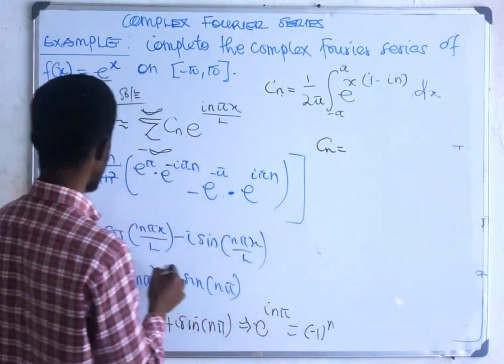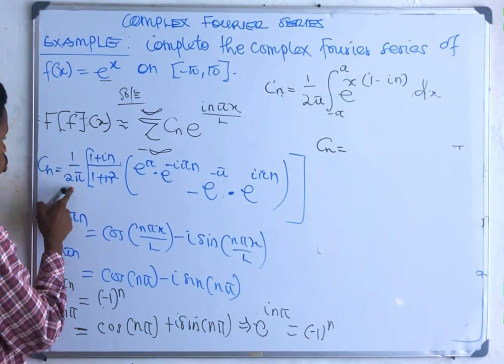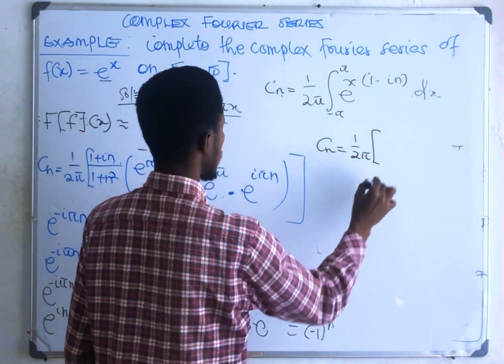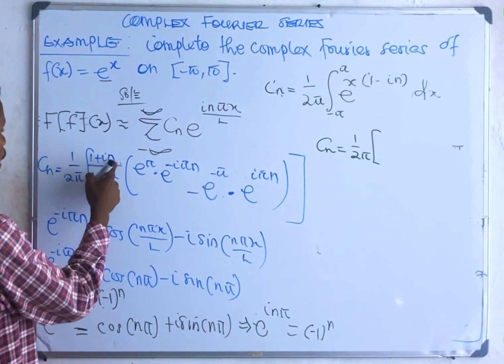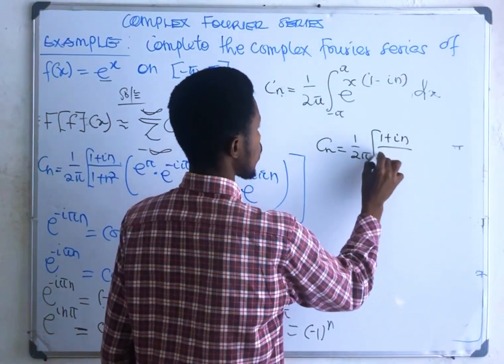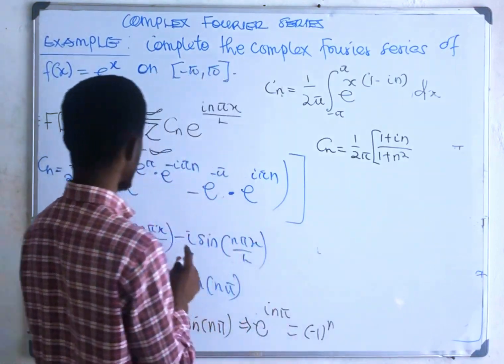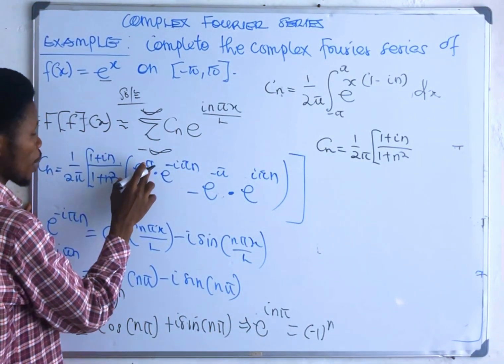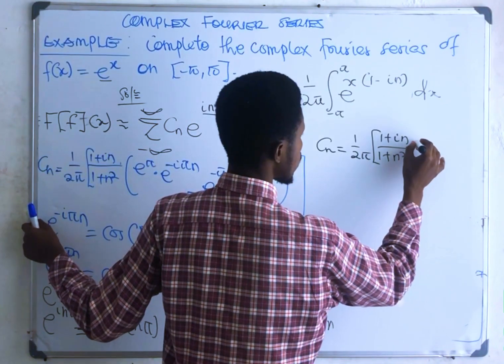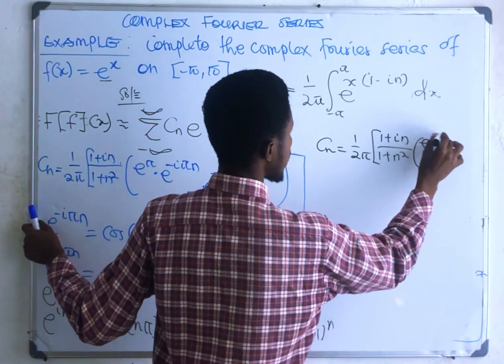Cn equals, I have my 1 over 2 pi here, 1 over 2 pi. I have my (1 plus in) over (1 plus n squared). Now I have my e to the power pi here, so that one is coming: e to the power pi.